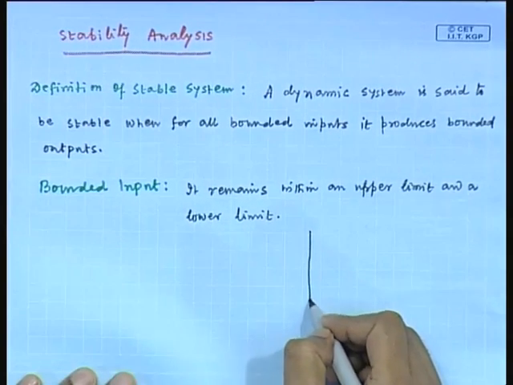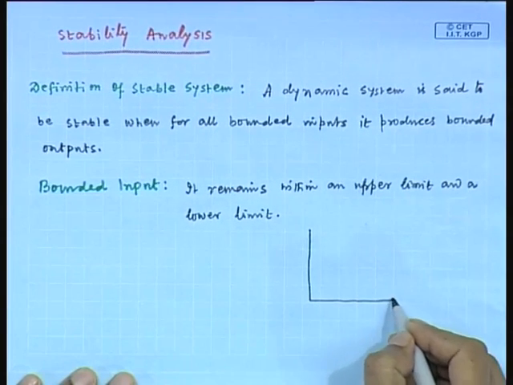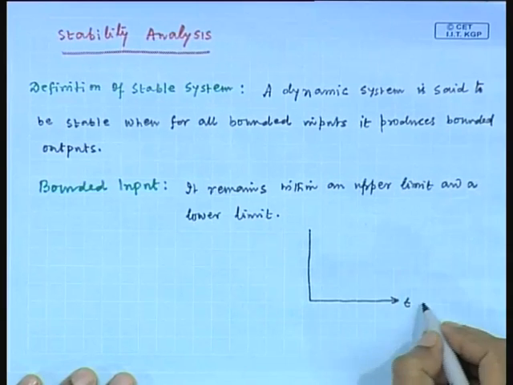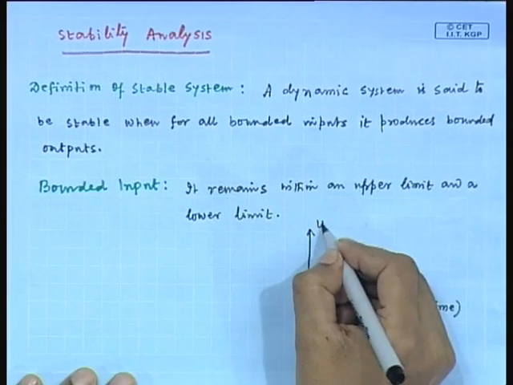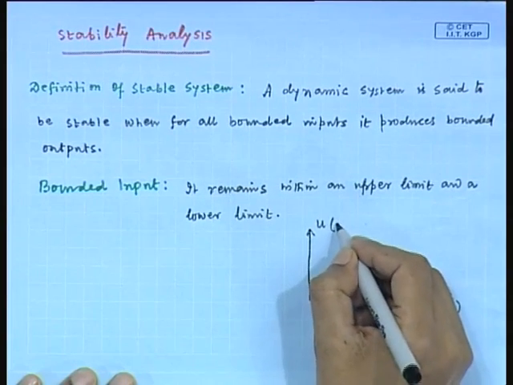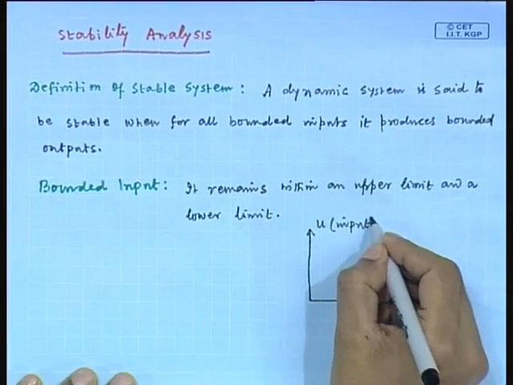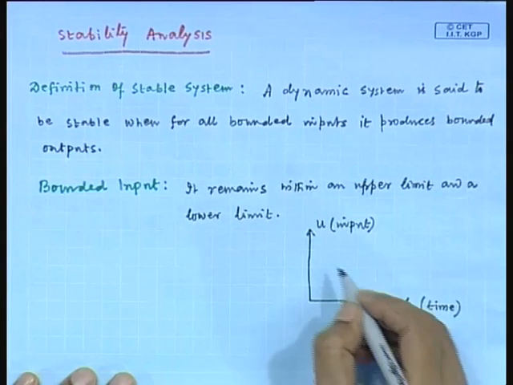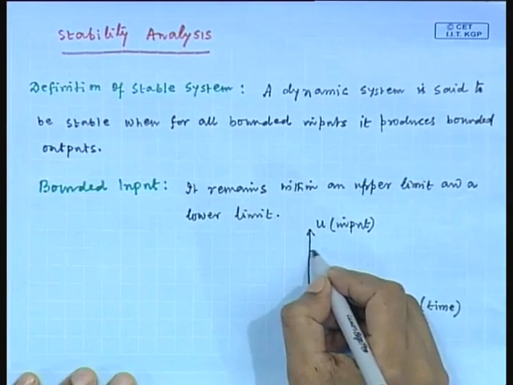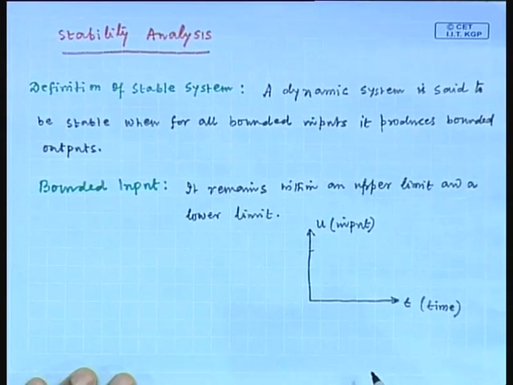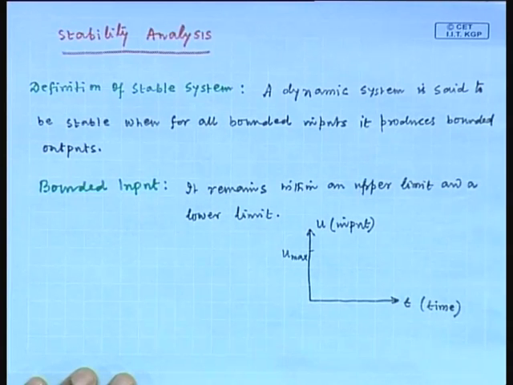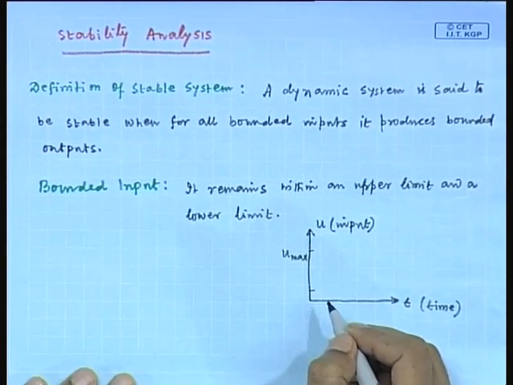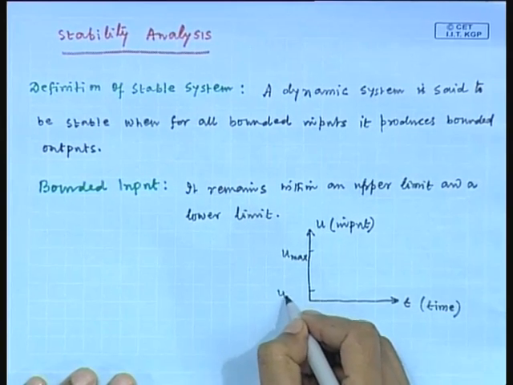If we produce a plot between time t versus input u, then it looks like this. See, u is the input, so it has an upper limit that we can denote by, suppose, u max, and it has the lower limit, I mean the lower value, that is say u min.